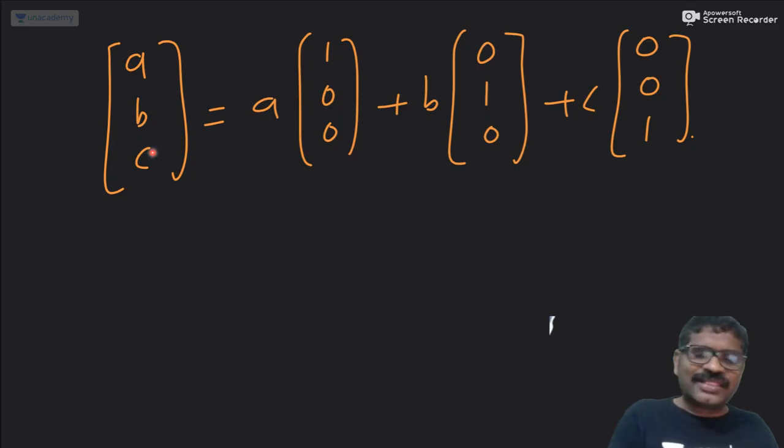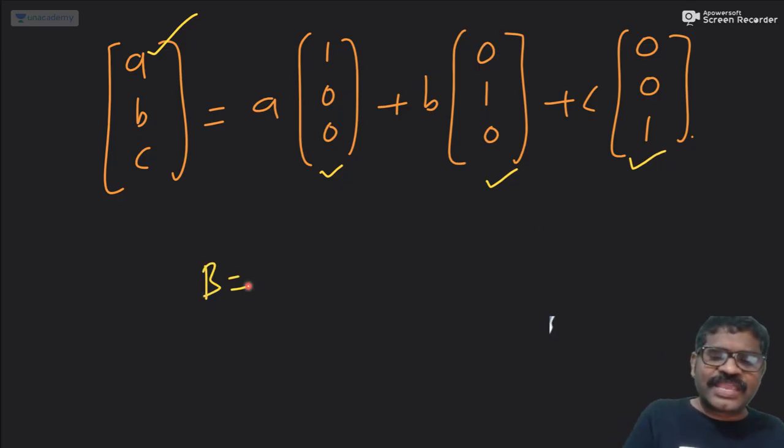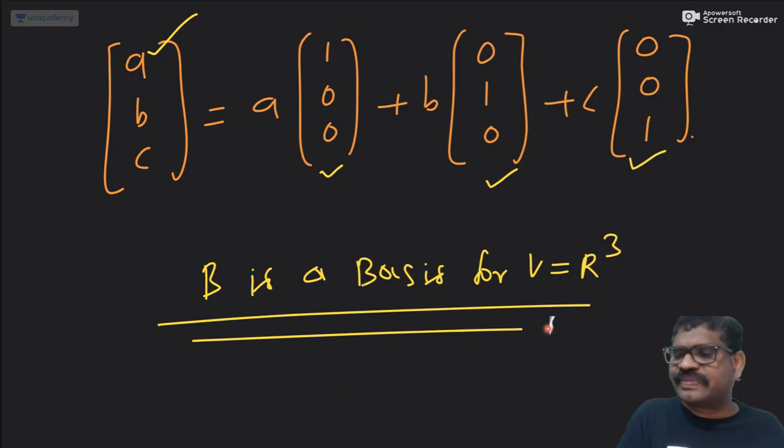Clearly, the vector of V is expressed as a linear combination of vectors of B. Therefore, B is a basis for vector space V equal to R cube.